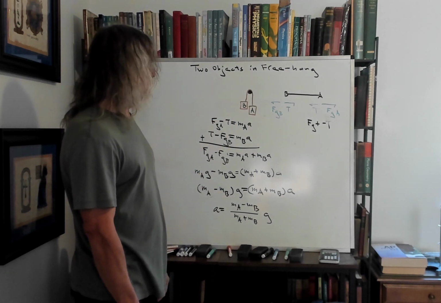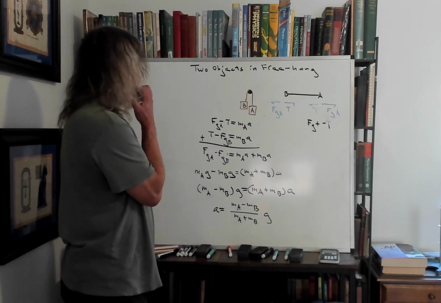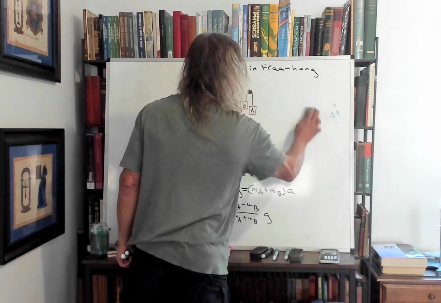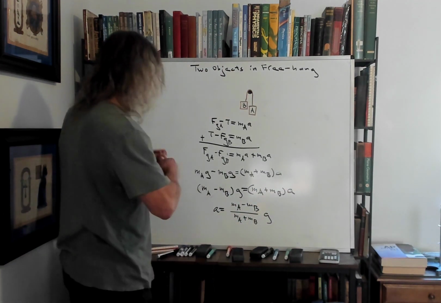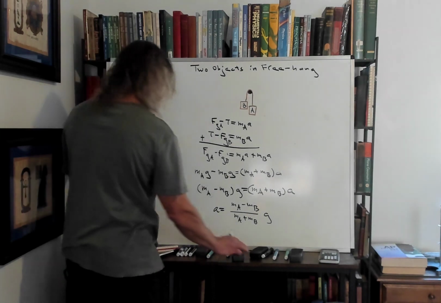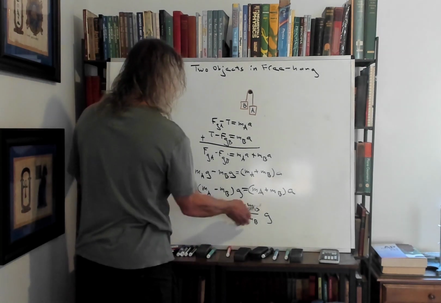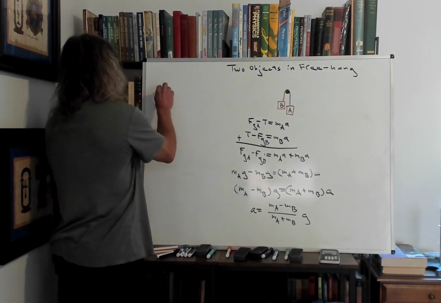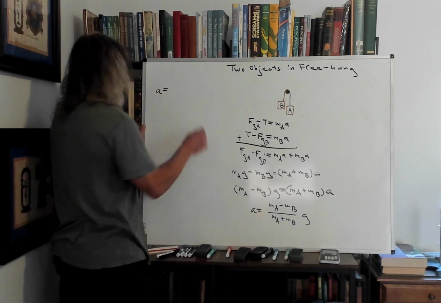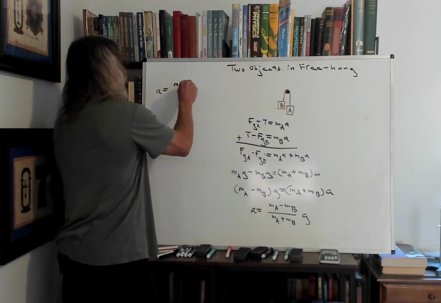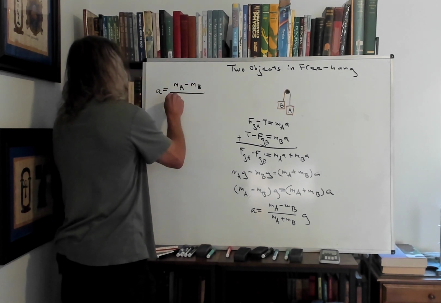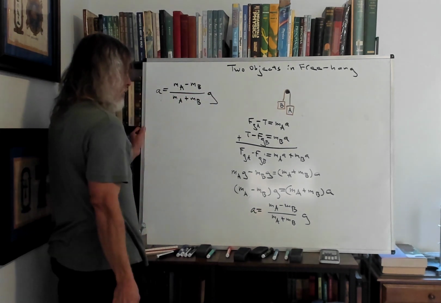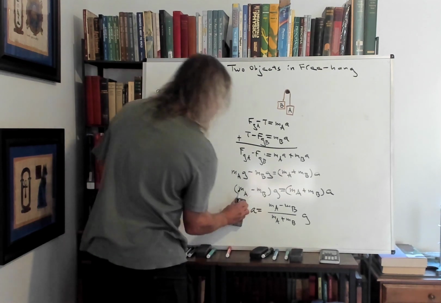Positive to the right, negative to the left. Then we'll do a particular example. Let me rewrite my formula over here: a is (MA minus MB) over (MA plus MB) times G.